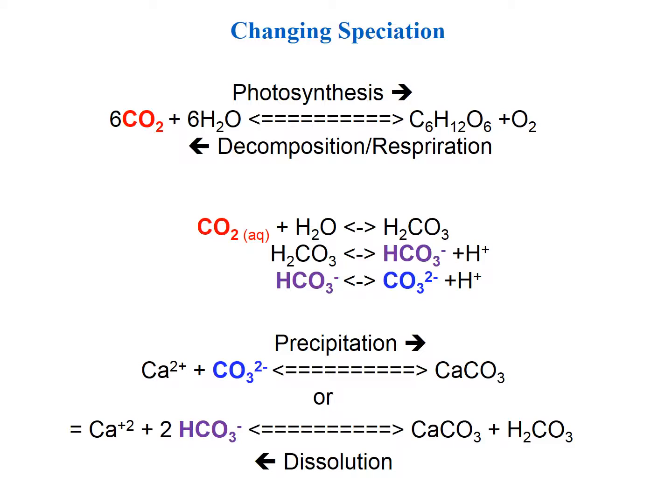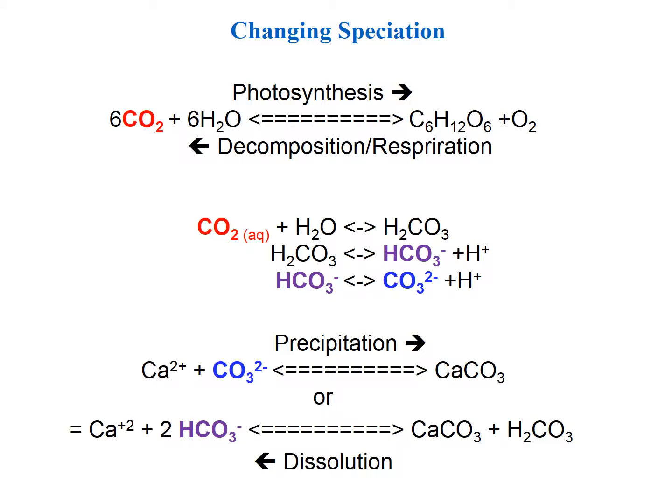Okay. The counter to that is if we reduce the rate of calcification in the ocean, or we start to dissolve away organisms that have calcium carbonate shells. So if we start to dissolve away the Great Barrier Reef, we take the calcium carbonate that our corals are made of, and we dissolve them, and that returns calcium and, in this case, bicarbonate ions to the ocean.